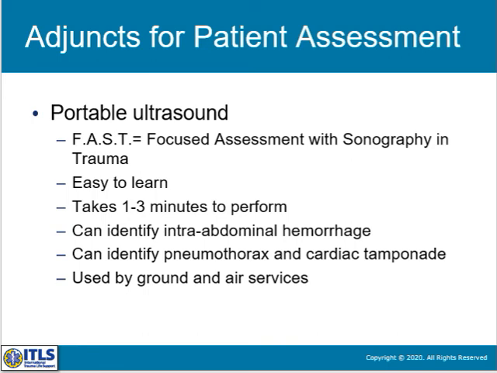Portable ultrasounds, man, FAST exams. If you can get these, they're pretty cool. You can find some killer bleeds or some internal bleeding with it. But I wouldn't waste any time on doing it. I would treat your patient and how they're presenting versus trying to root around and find a portable ultrasound device. And it also really depends, I guess, on your service and where you're located in reference to a hospital.